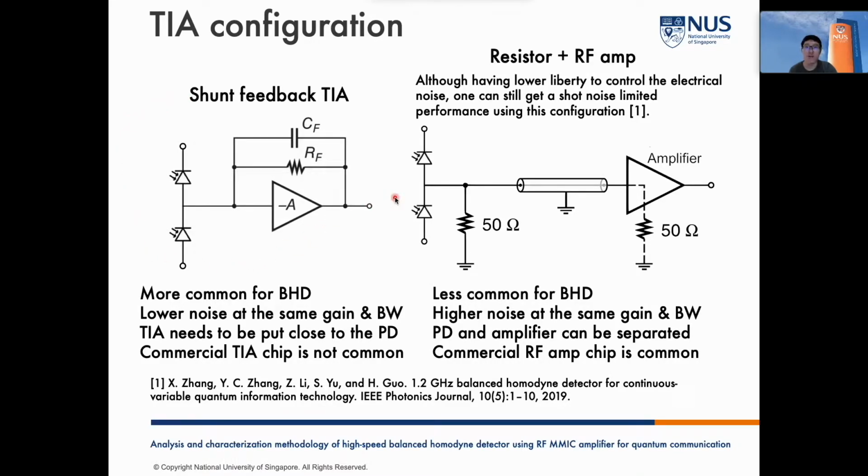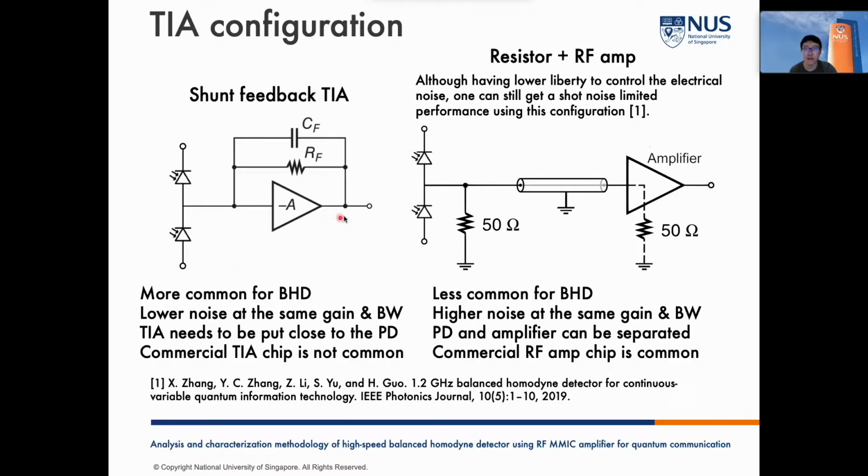In this work, we show that one can still get a shot-noise-limited performance using the configuration on the right, although having less liberty to control the electrical noise. There are some reasons, mainly practical limitations, for which people might not be able to realize the circuit on the left.